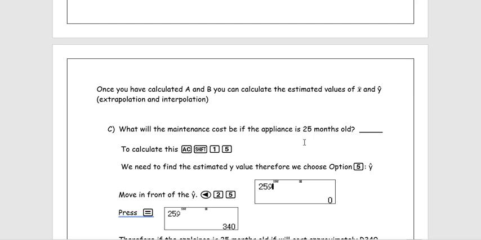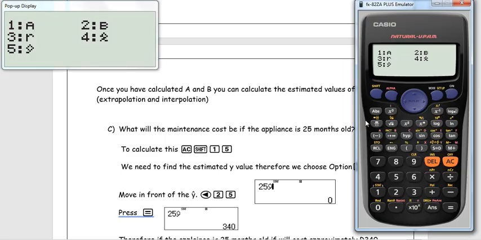We are needing to find out our cost of fixing this appliance, or our maintenance cost. So we have been given our X value, which means we are needing to work out our Y value. So we are wanting an estimated Y value.